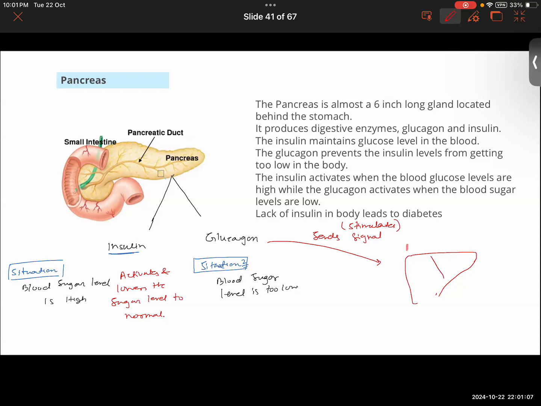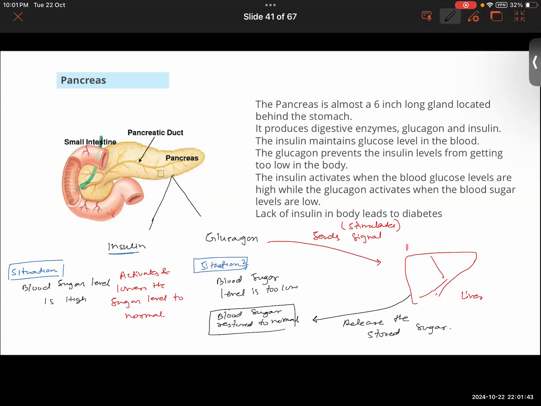And the liver will be releasing the stored sugar into the blood. As it releases the stored sugar, the blood sugar is restored to normal.